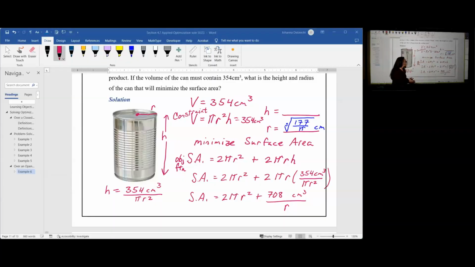Let's compare results. I went ahead and simplified the surface area objective formula, and I dropped the r to the denominator. But to take the derivative, I'll probably move it to the numerator with a -1 exponent. Remember that h is given by this equation here coming from the constraint.